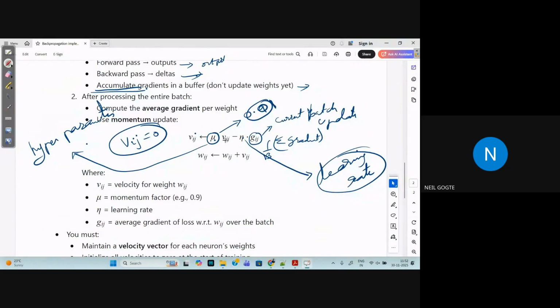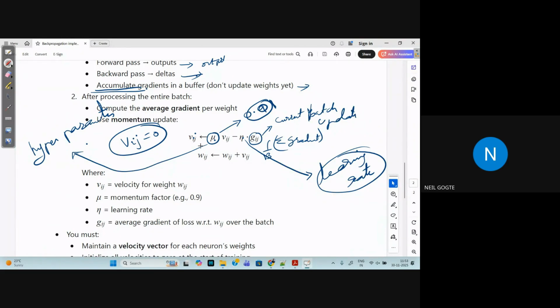This is deciding how much of the past you want to remember. If you have a high value here, you are remembering a lot of the past updates. If you have a lower value, it means you're forgetting the past and just going by the current value. That is because this is getting added and applied to the weight, or basically this is influencing the weight update. People call it momentum, some people call it velocity, call it whatever you want.